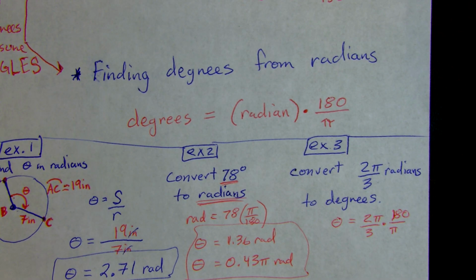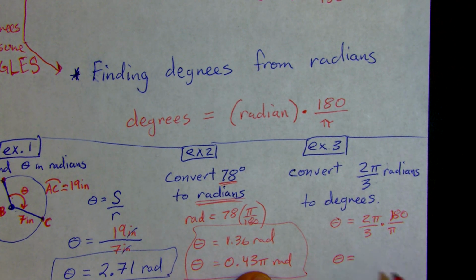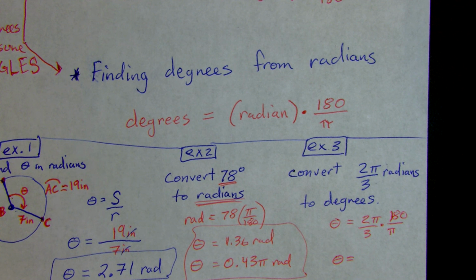And then I want to see the answers. Let's see the answers in the chat for this. What do you get for the degree measure? What is theta in this case? Nice, Sonia. Anyone else?